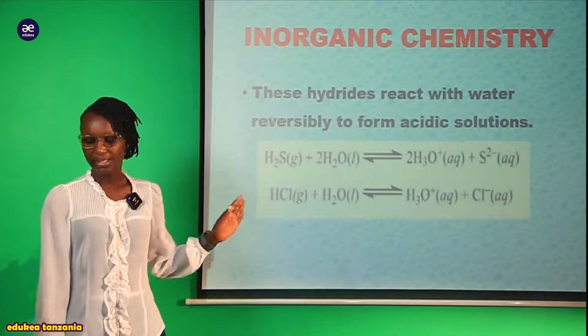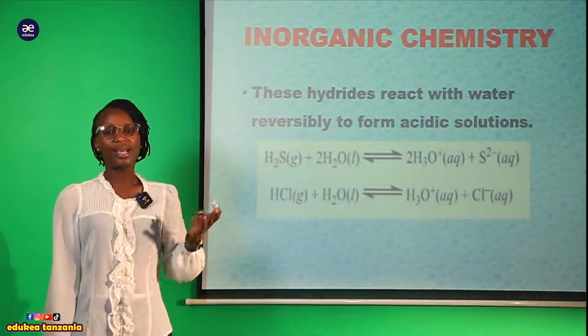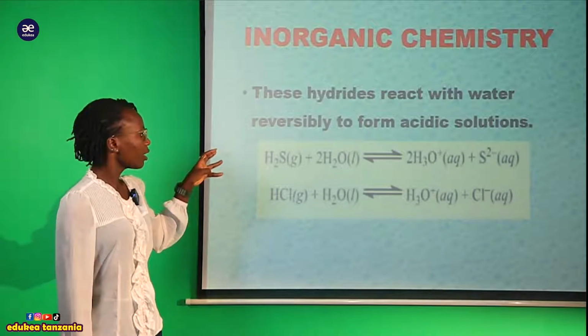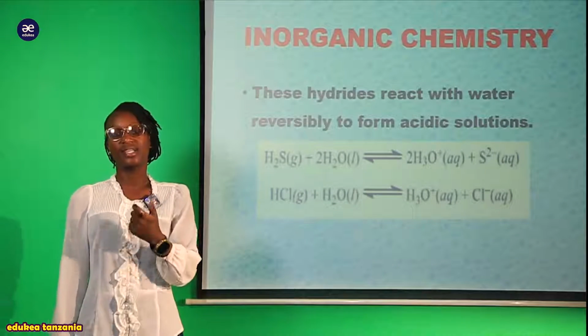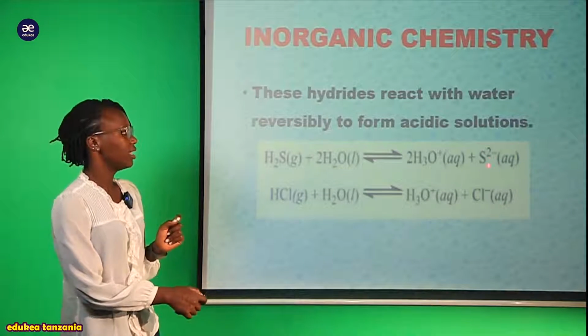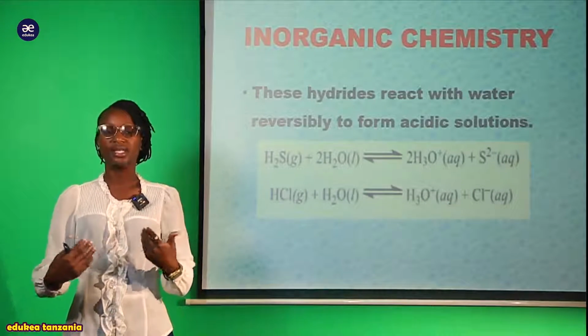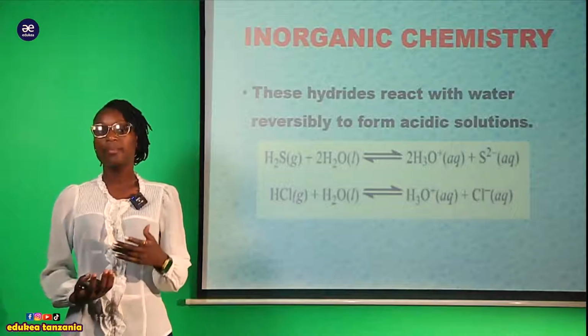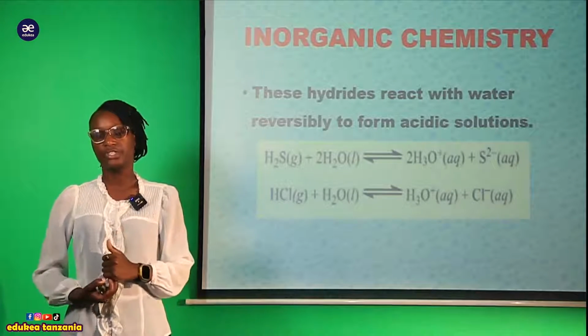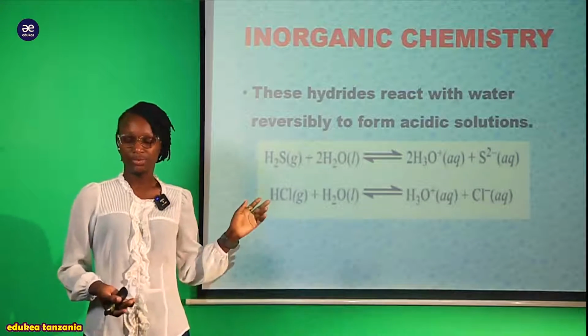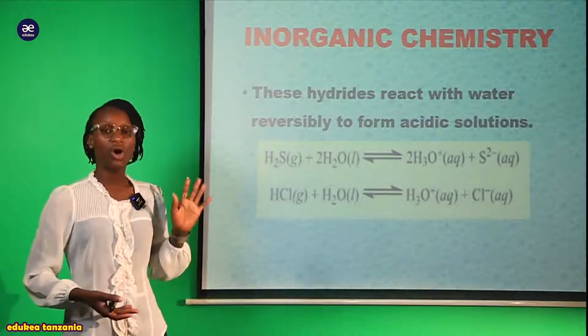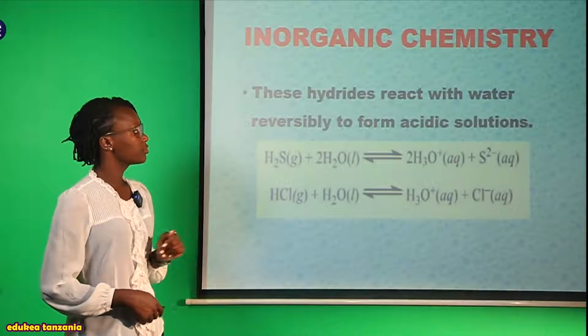Kwa hiyo utaona kwamba chlorine and sulfur zina uwezo wa kuattract electrons from the hydrogen simply because they have more electronegativity compared to the hydrogen. So that is all about our discussion, my student.